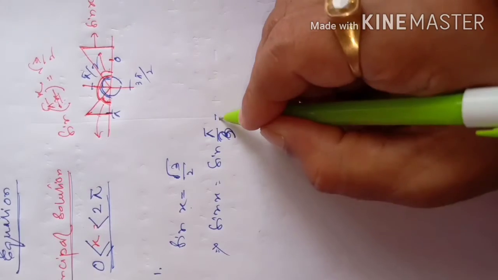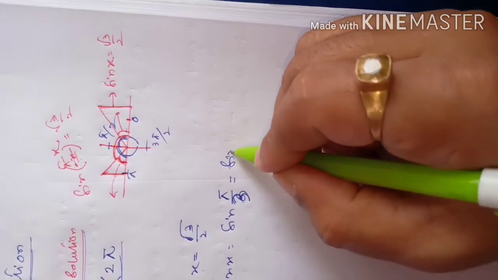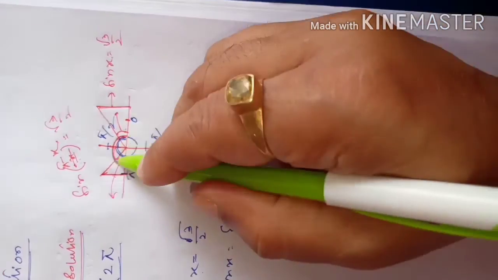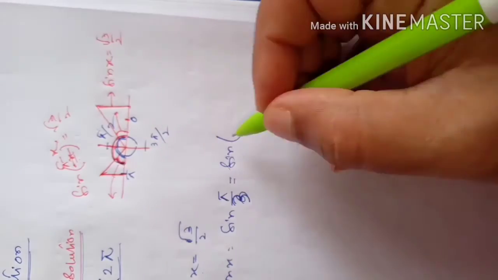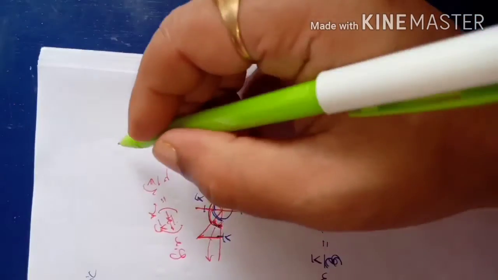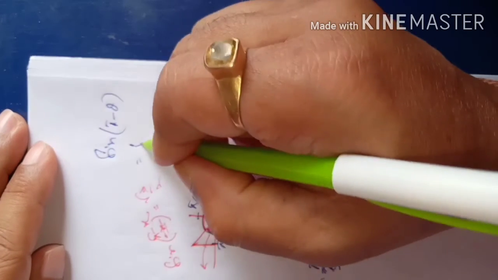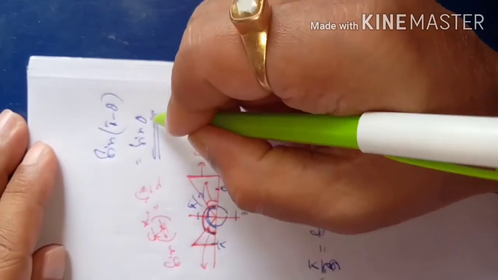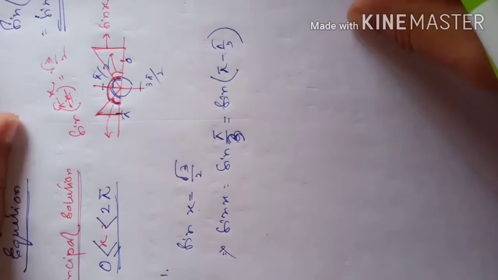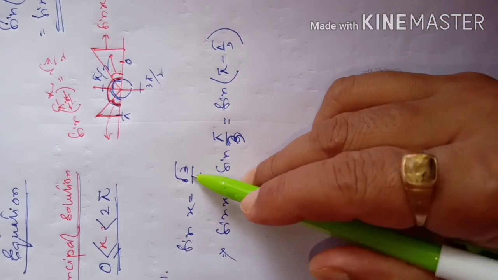Or it can be sine of pi minus pi by 3, because you recall that sine of pi minus theta is equal to sine theta only. That will also give us sine pi by 3, so we get root 3 by 2.